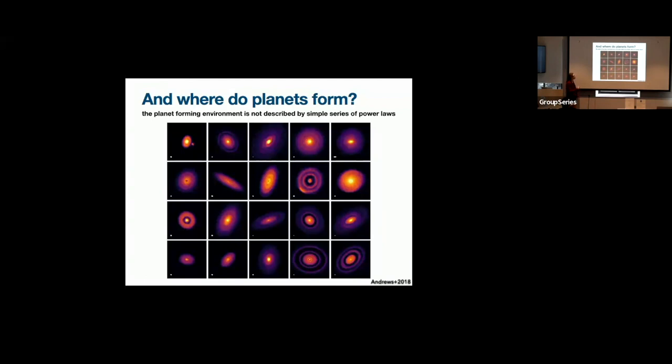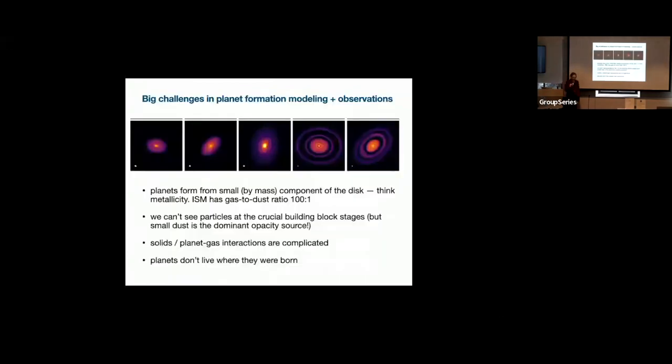And so we have to keep in mind that this is the environment in which we're forming planets, and exactly what stage of the planet formation process we're looking at remains uncertain at this point in time. So I think it's useful to keep this picture in mind as we think about what are the main challenges in understanding planet formation and comparing our models with observations.